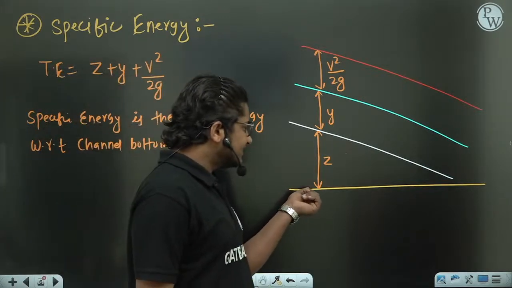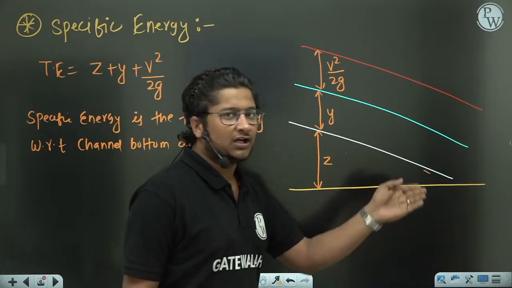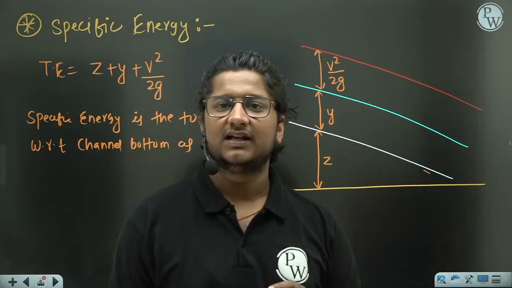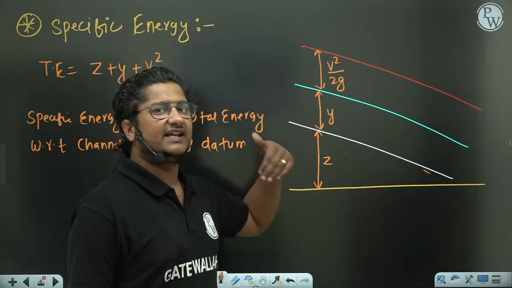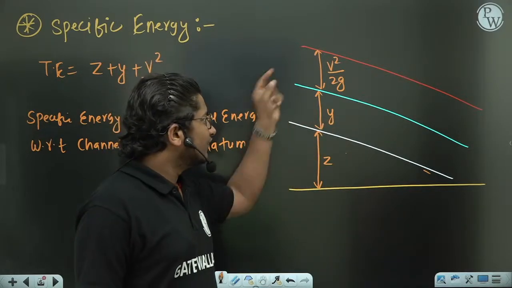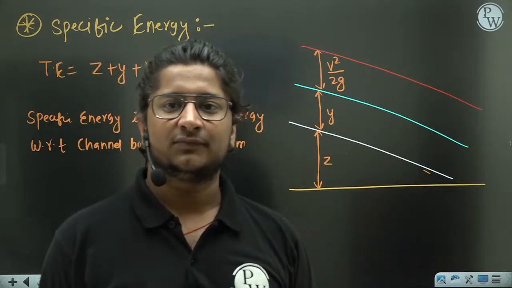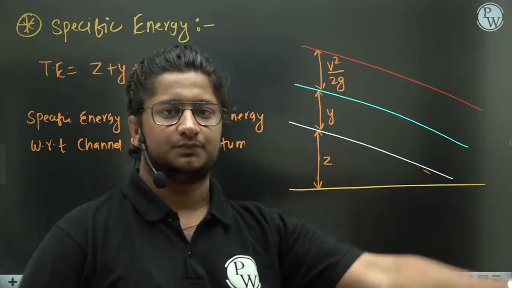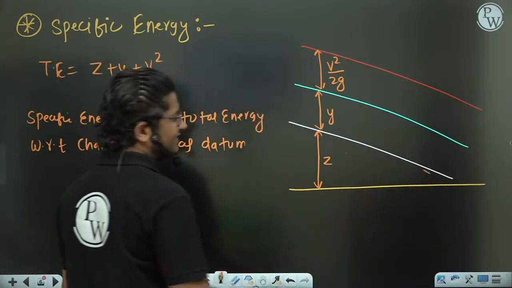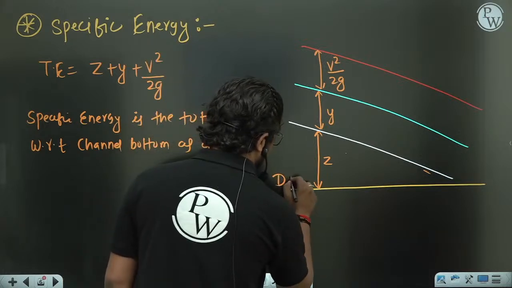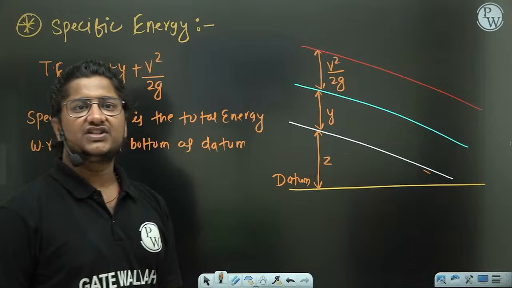That means the datum you are taking is at this point, the channel bottom itself. Now you can tell me, if the channel bottom is taken as datum, which quantity will be 0?